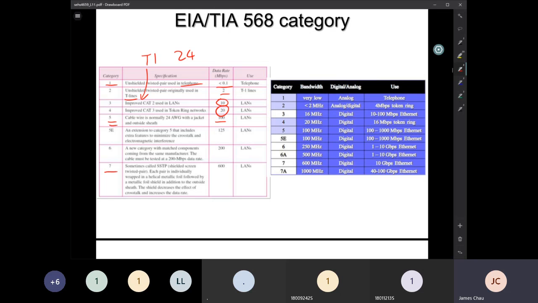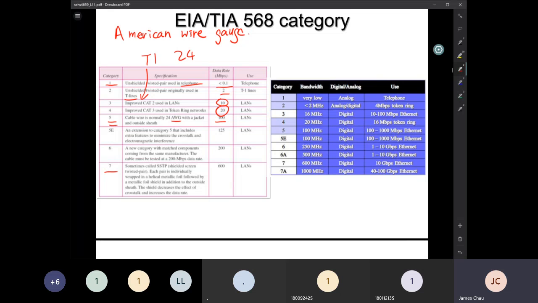Okay, and you can see that Cat5 is a cable wire, normally consisting of 24 AWG. AWG stands for American Wire Gauge. It is published by an American standard. Okay, it specifies the dimension of the cable. American Wire Gauge, AWG.